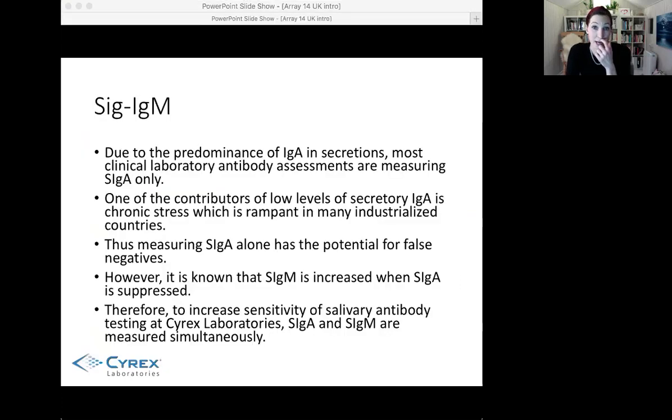So, secretory IgM. Due to the predominance of IgA secretions, most labs will generally only be looking at IgA. However, if IgA is suppressed, then IgM comes in as a backup. So in order that you get an accurate result as to what is contributing to this problem, Cyrex will actually test IgA and IgM simultaneously to all of the antigens tested.